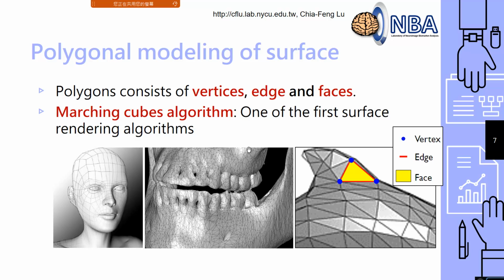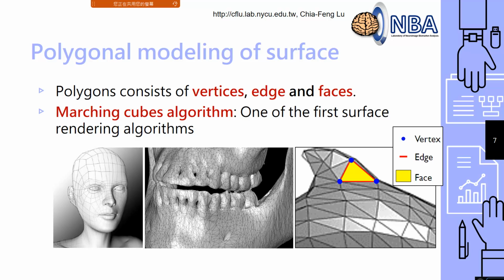How to actually find these triangles? There's a very, very good algorithm called marching cube. You can see the words right here, marching cube algorithm. It will help you cut this complex surface down into small pieces, and you only need to think about how to reconstruct the faces for this small cube.